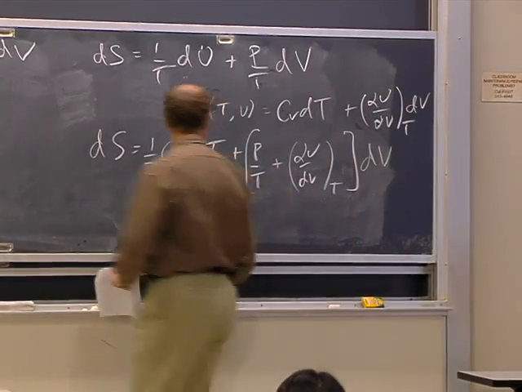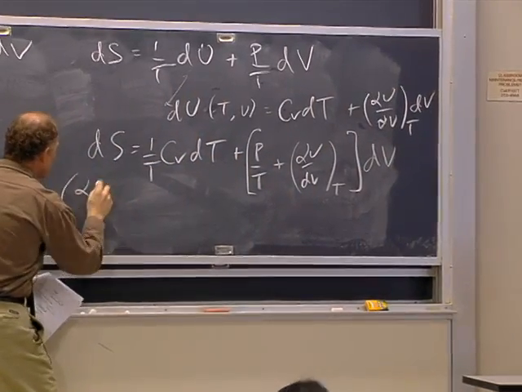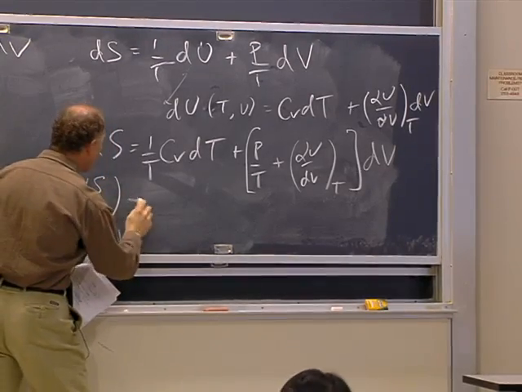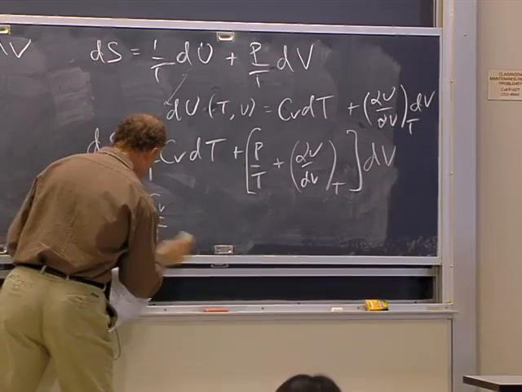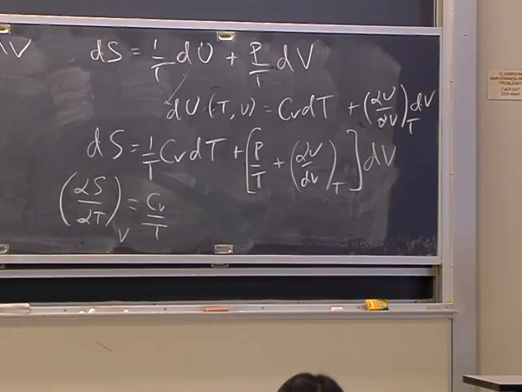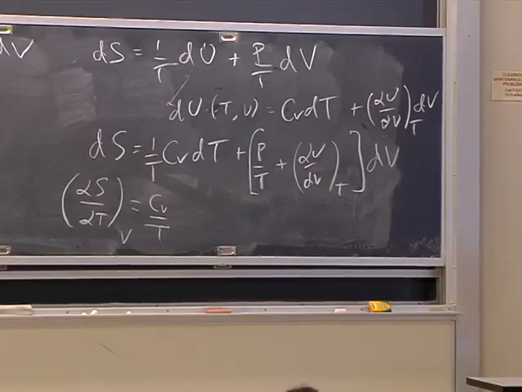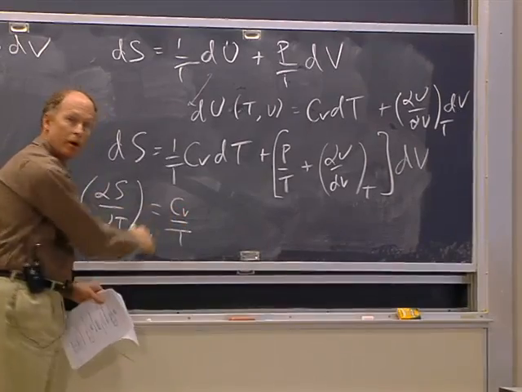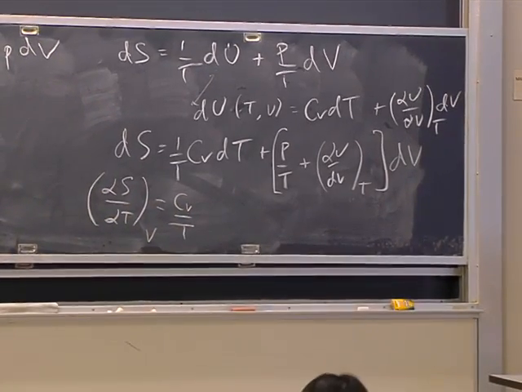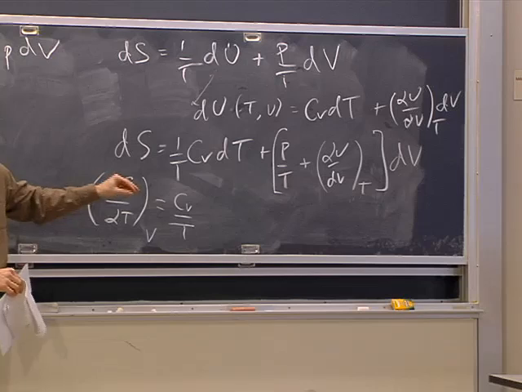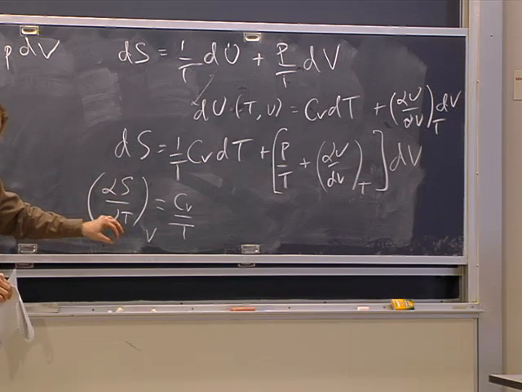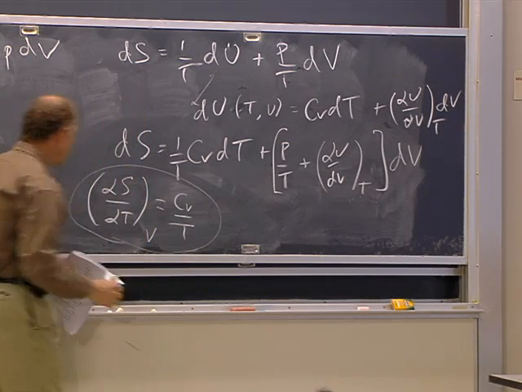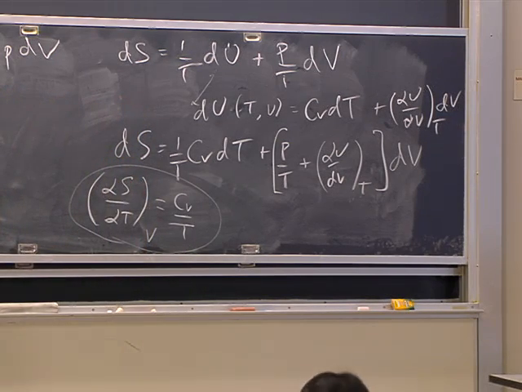And what this says then is that dS/dT at constant V is just Cv over T. Very useful. Not surprising because of the relation between heat at constant volume and Cv, and of course dS is just dq reversible over T. But this is telling us in general how the entropy changes with temperature at constant volume.